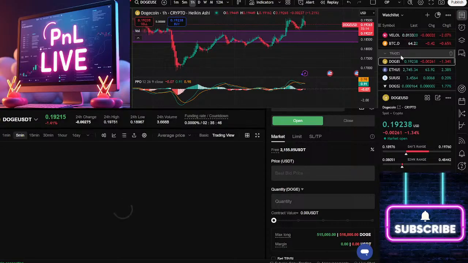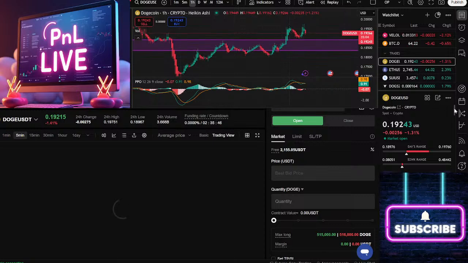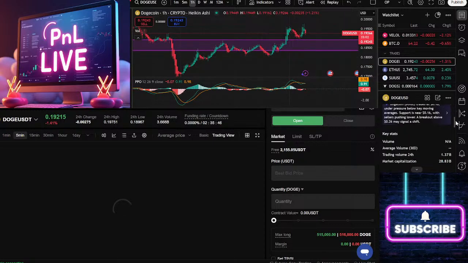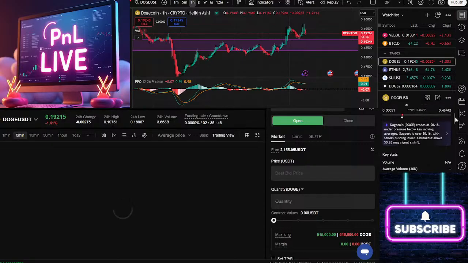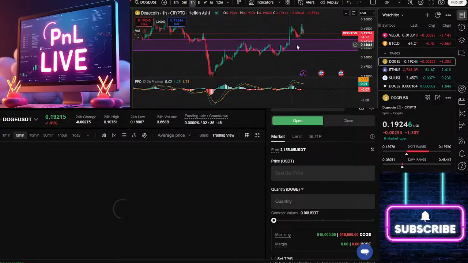Doge always has volume. That's what I'm on right now, at the top, you can see. It's always got good volume. Let's see what the volume is. Trading volume, last 24 hours, 1.37 billion. And it's getting pretty close to this support here.